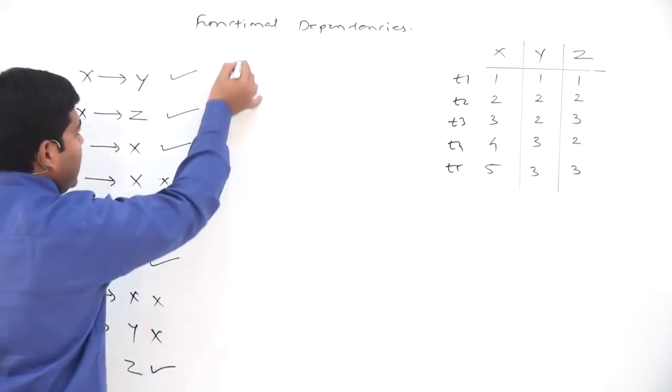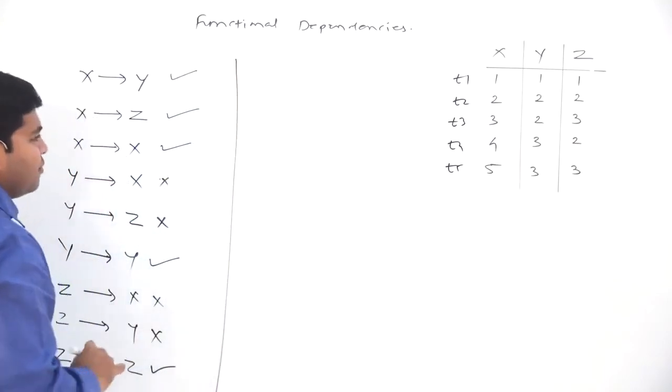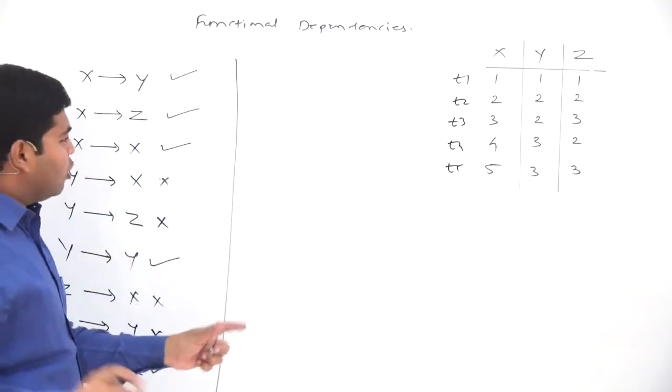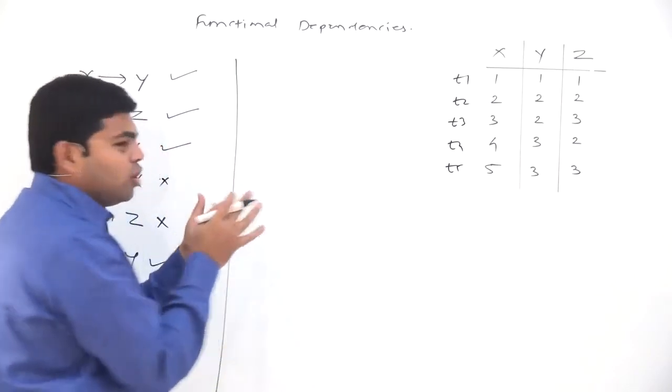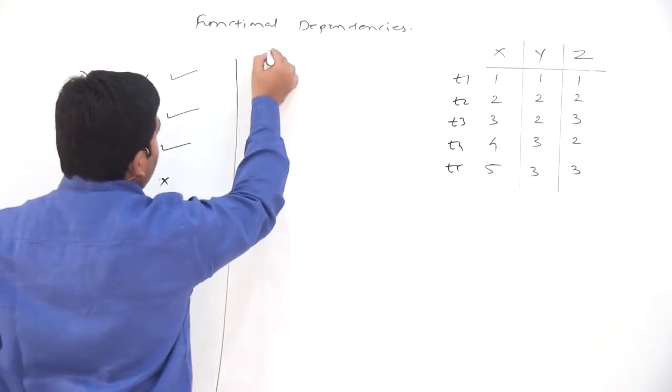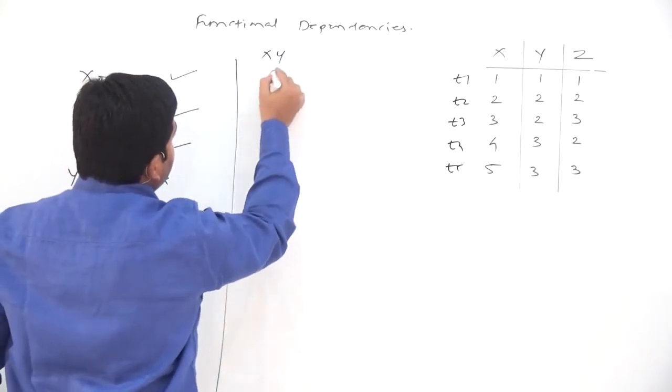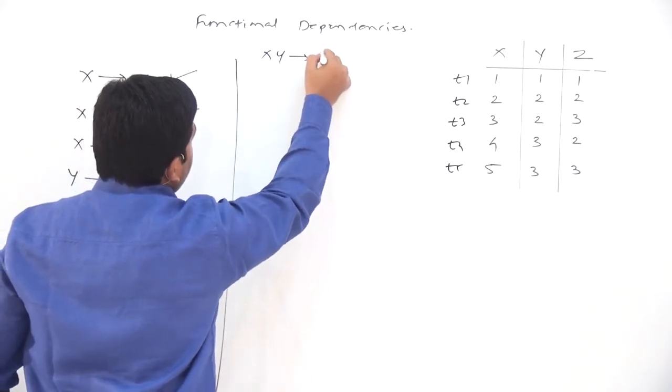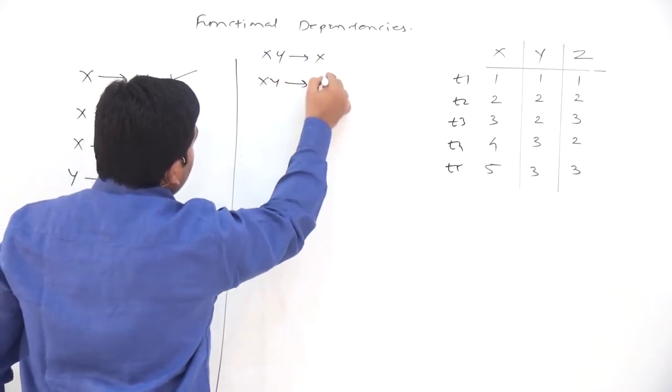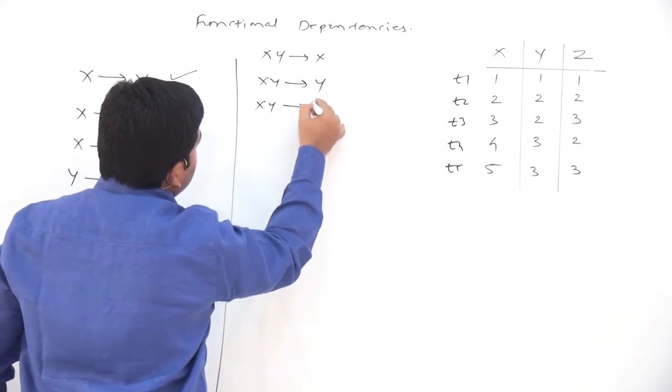Now let us take some other questions. We are looking at a question-answer format. Now we will try the combination of two attributes, like xy. Does xy give x or not, xy give y or not, and xy give z or not?